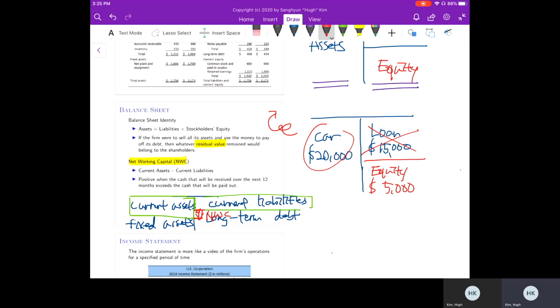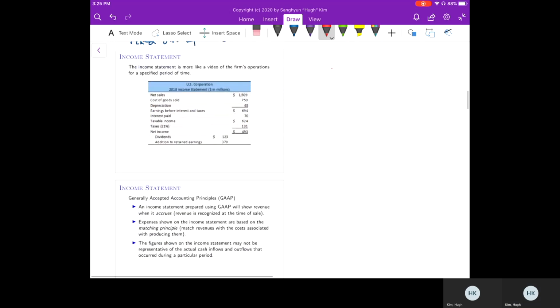So let's look at the income statement, which looks like this. So income statement is more like a video of the firm's operations for some period of time.